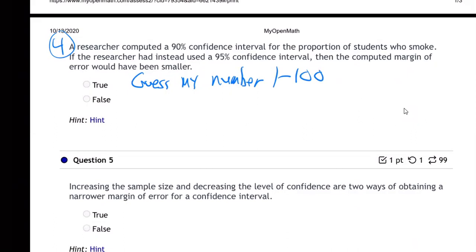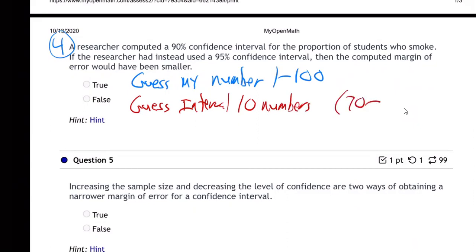And you tell me if you are able to guess at an interval of 10 numbers, say like 70 to 79, versus what if you were able to guess at an interval of 30 numbers?